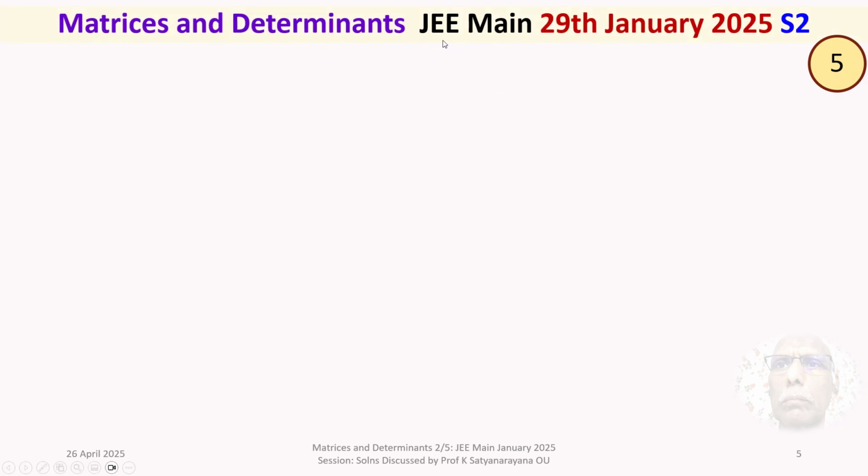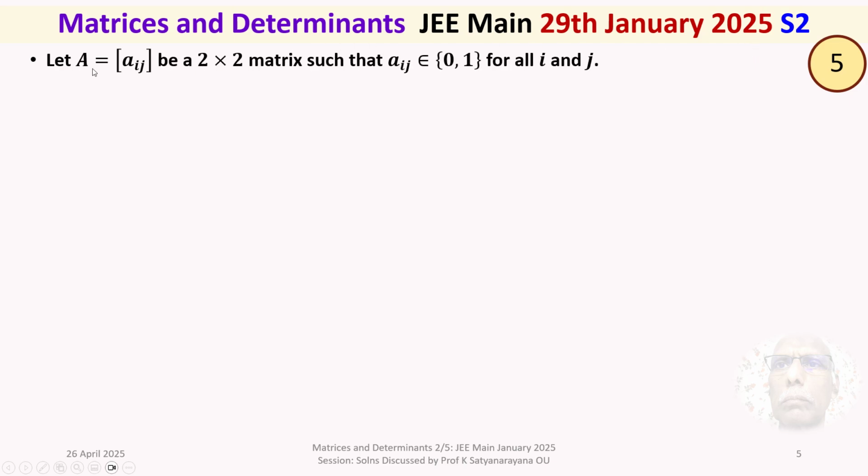Right. This is the question that has appeared in the JEE Main exam held on 29th January 2025 in the second shift. The given question is, let capital A equal Aij be a 2 by 2 matrix such that the entries Aij belong to the set consisting of 0, 1 for all i and j.